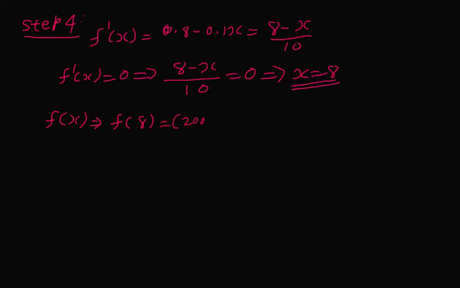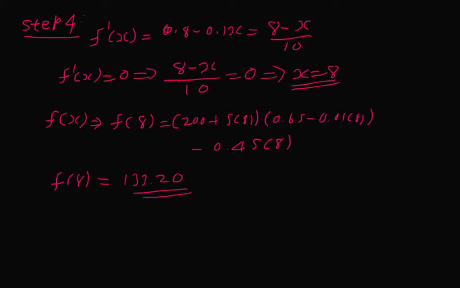It is 200 plus 5 times 8, multiplied by 0.65 minus 0.01 times 8, subtract 0.45 times 8. So this answer is 133.20. So this is f(8), which is the maximum value of the function.